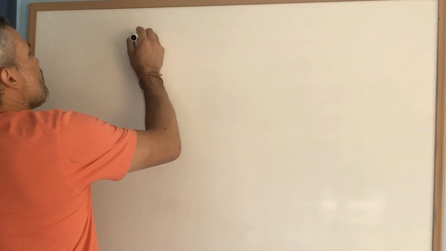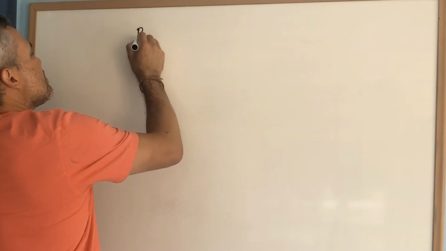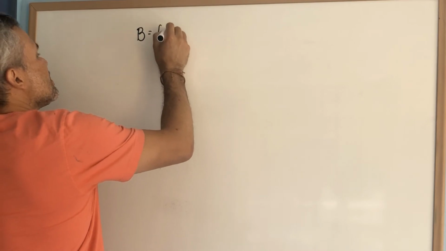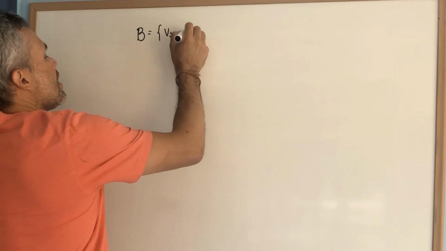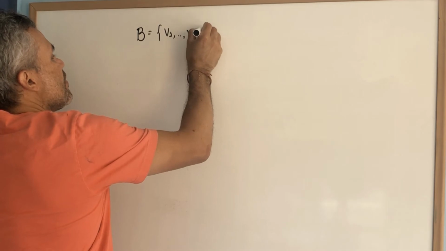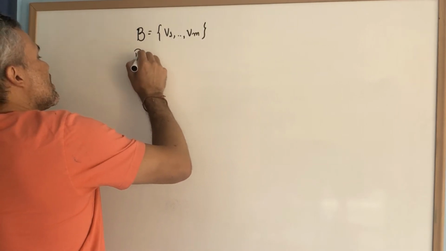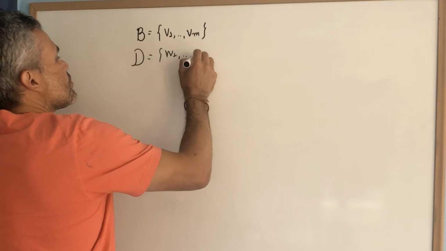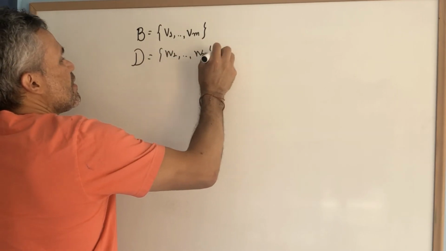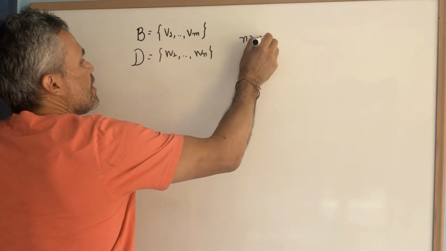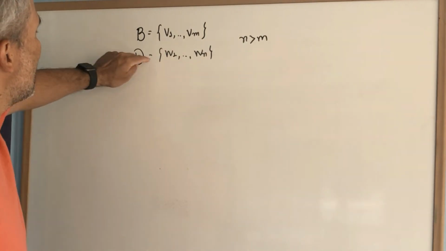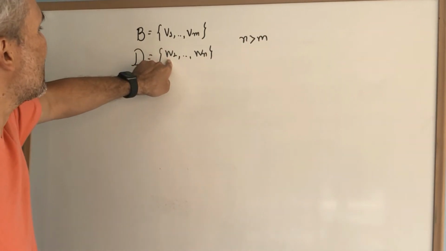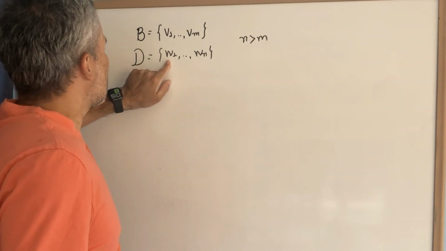Let's assume that we have a basis B, and this basis is b1 up to bm, and let's consider another set of vectors w1 up to wn with n bigger than m. Then I will show that these vectors are linearly dependent.